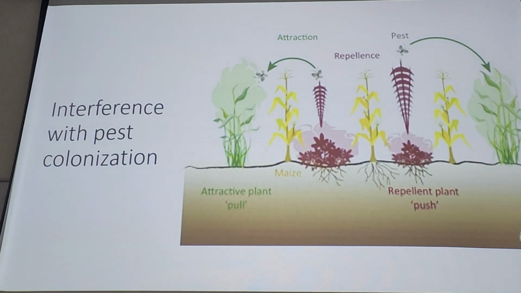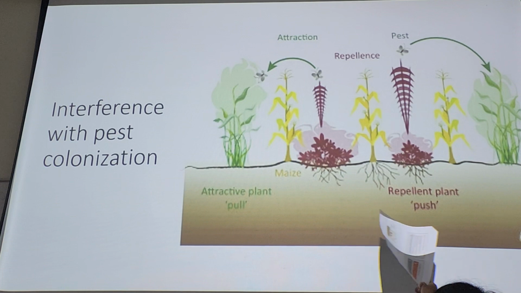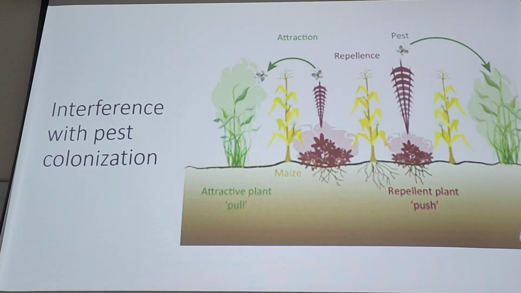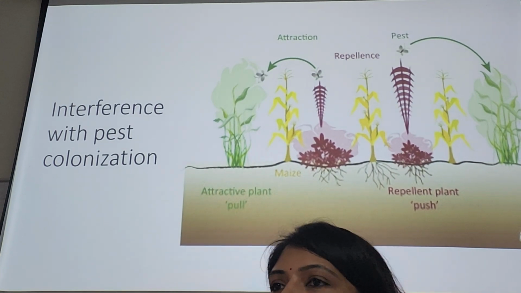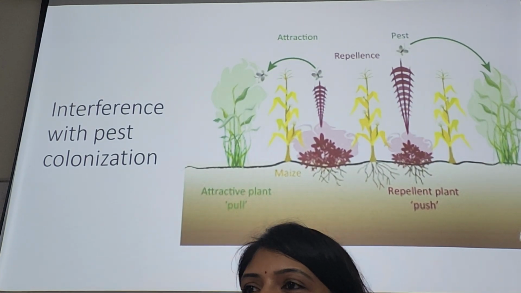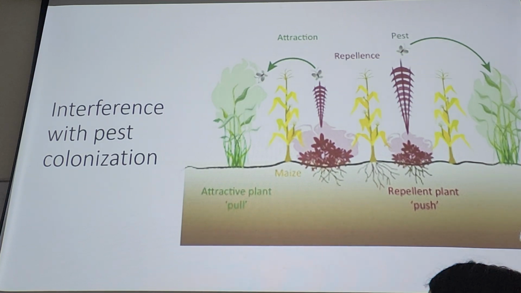What the farmers usually do is plant two types of plant. One is the attractive plant to pull the pests towards them. Another one is a repellent plant, which releases some chemical compound that is not so favorable in terms of smell or something like that, that the pest doesn't like.